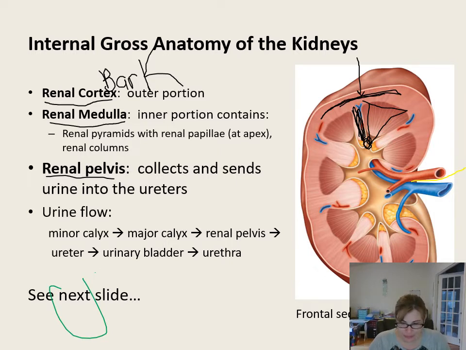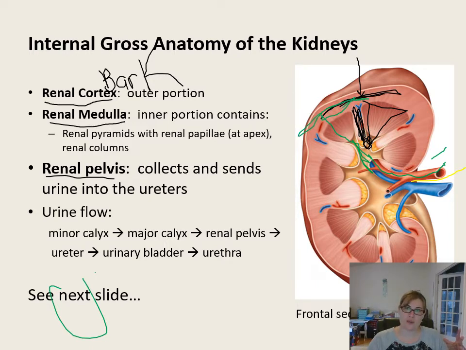Okay. So the blood is going to enter through the renal artery. That's what this is. So the renal artery is going to branch and branch and branch into smaller and smaller vessels. Eventually, and this is all kind of happening behind this, it's going to go out and reach this cortex.